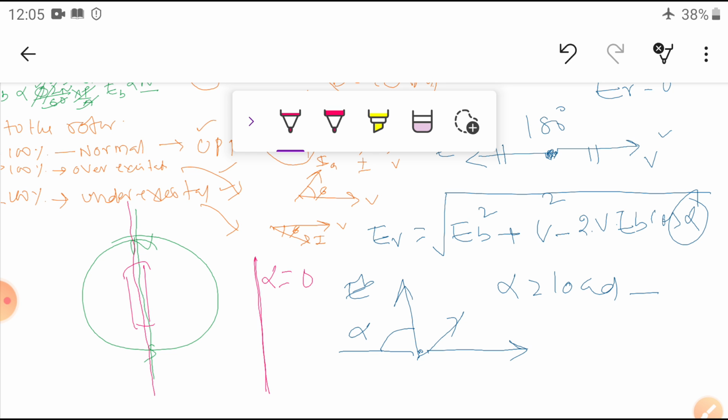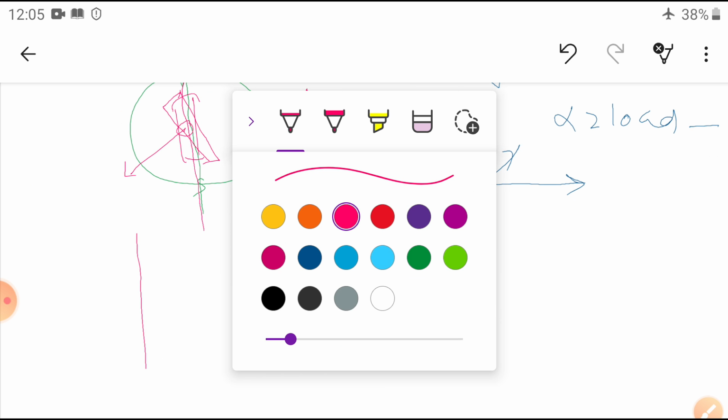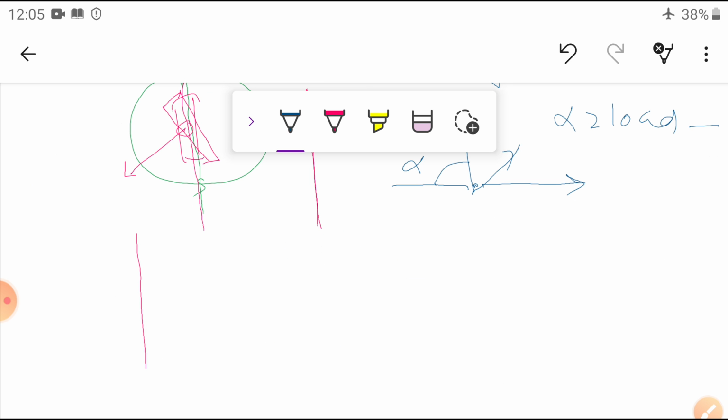If the load on the rotor increases further, it will shift in this direction. That means the stator rotating magnetic field angle is this one, and the rotor is dragged by some angle, that is called alpha. That is known as the load angle or coupling angle between the stator rotating magnetic field and the rotor physical position.